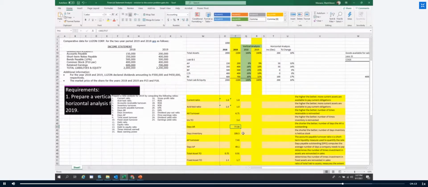No? So it's 365 divided by your AR turnover, no? So days AR. So meaning it's the number of days your AR is outstanding, no? So of course, the shorter the better, because we're talking about accounts receivable.